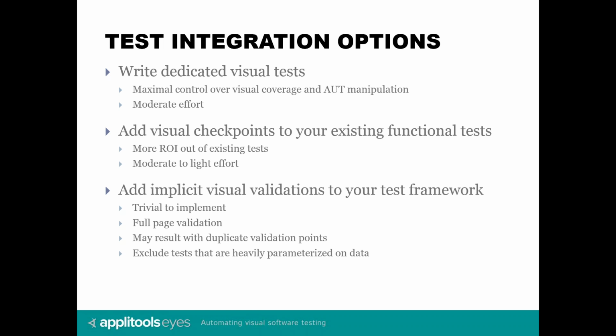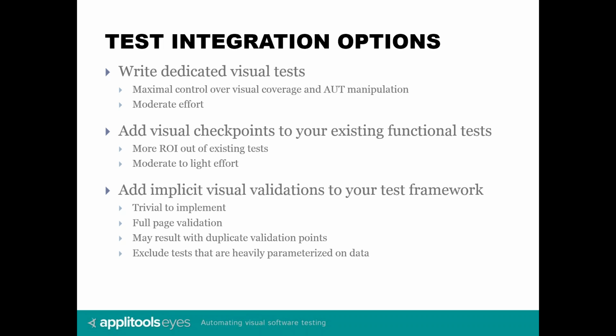So the first option is to write dedicated visual tests. This is the most recommended way to go because it provides you full control over what you want to validate. You can write those tests to reach every corner of your application. You can decide between full page screenshots and checking individual components.